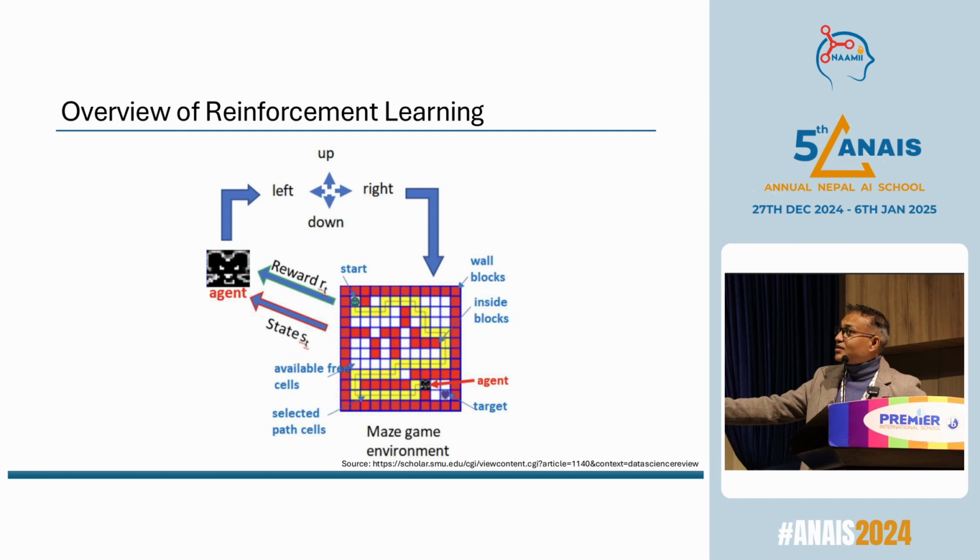Let me move to another example. This one is again interesting, and you can simply guess yourself. The environment here is this board. It's an N by N board, I think. It's a board game where we have a start point and a destination.